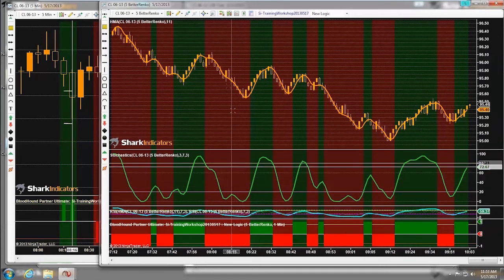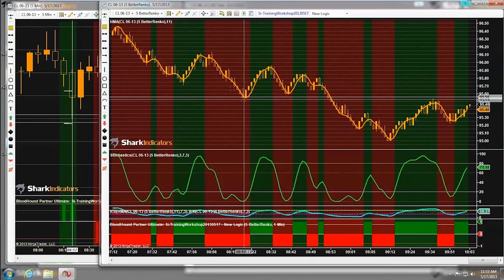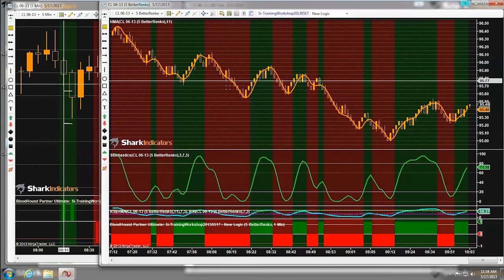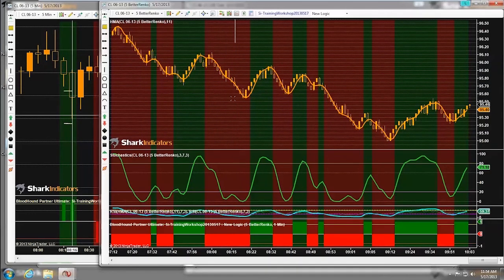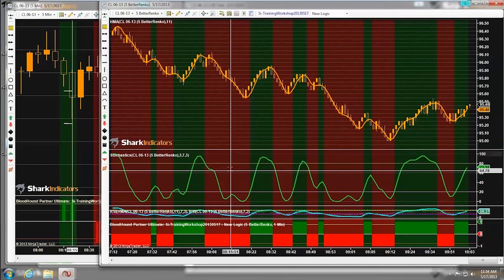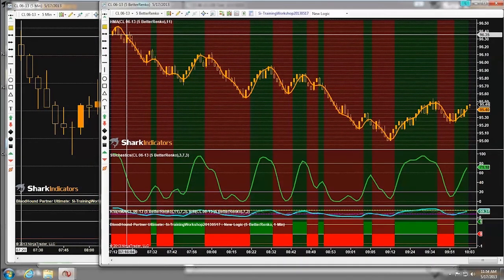That way you wouldn't take any long trades when you're in this short bias, right? You'd only take short trades when you're in this short bias. And if this bias is flipping back and forth a whole lot, typically you would probably work with a higher time frame, so that you would get a continuous short bias.